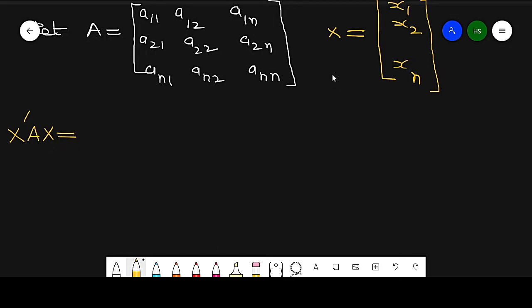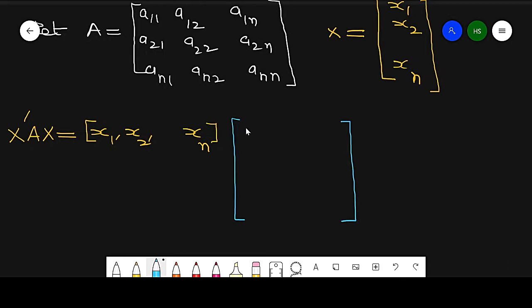This can be written as X transpose, meaning x1, x2 and so on up to xn, which is the transpose of the matrix X. Second is the matrix A, with rows a11, a12, a1n; a21, a22, a2n; an1, an2, ann.